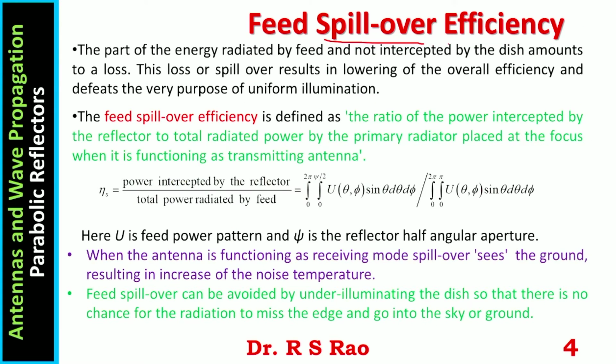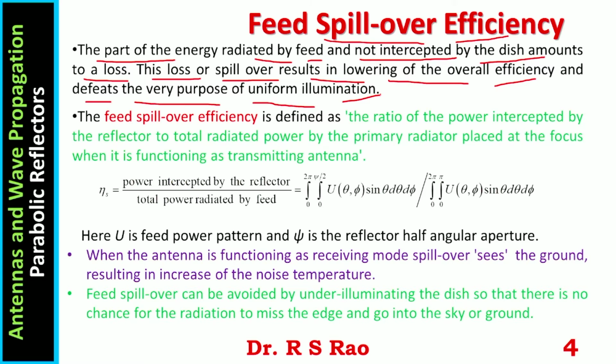Feed spillover efficiency. The part of the energy radiated by the feed and not intercepted by the dish amounts to a loss. This loss or spillover results in lowering of the overall efficiency and defeats the very purpose of uniform illumination.